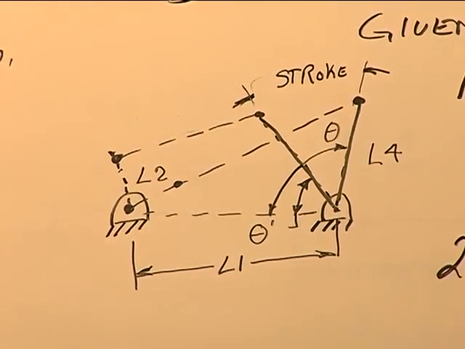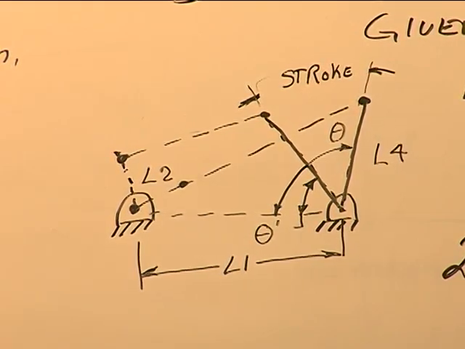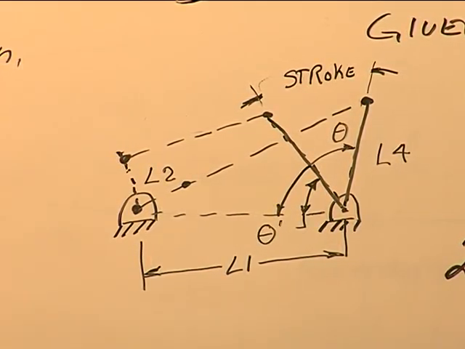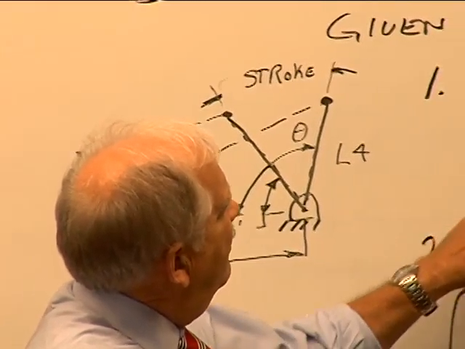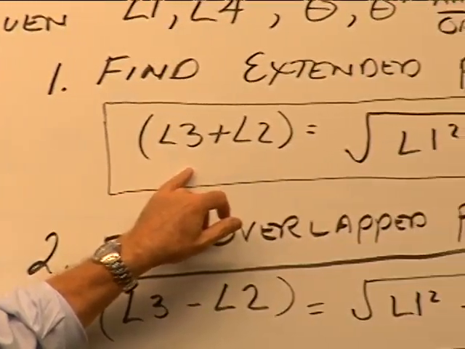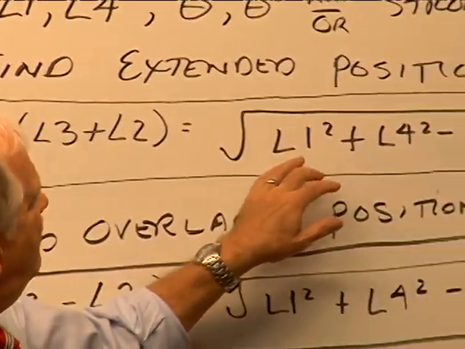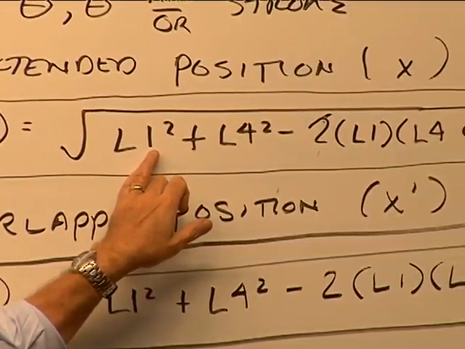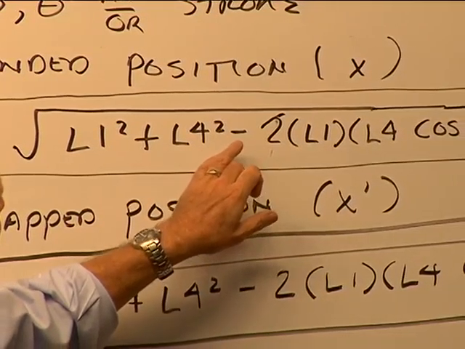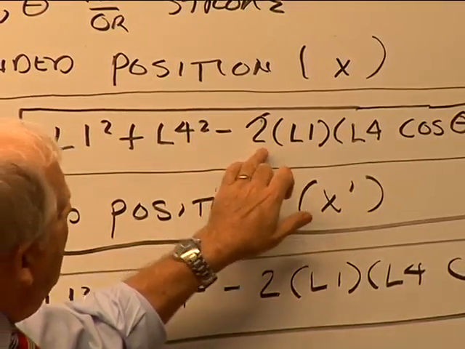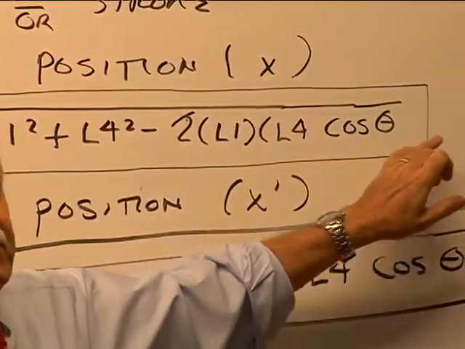So we use the law of cosines in the same vein as we did over here. Again, as I did last time, we have L2 plus L3 is going to equal L1 squared plus L4 squared minus L1 L4 cosine of theta.